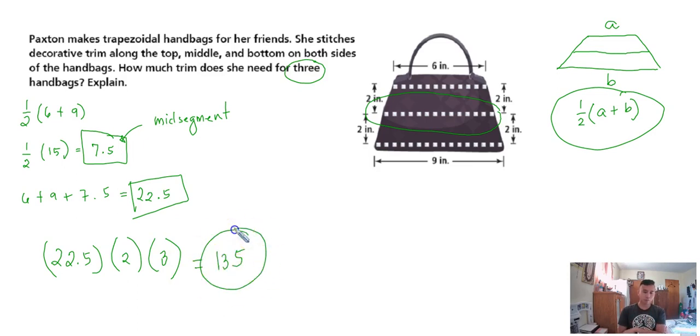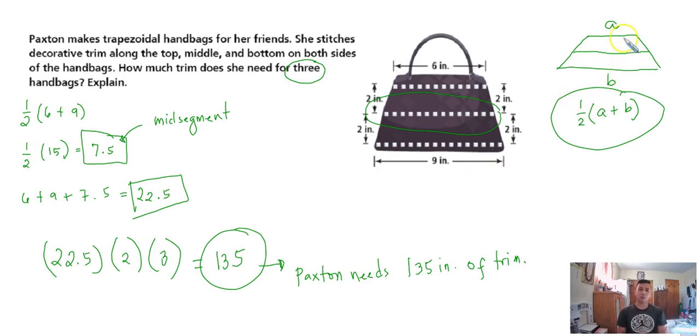Now the interpretation here is that Paxton needs 135 inches of trim. So that is how we use the trapezoid mid-segment theorem.